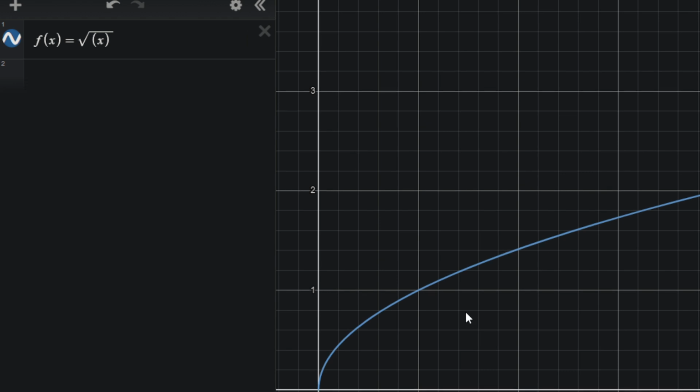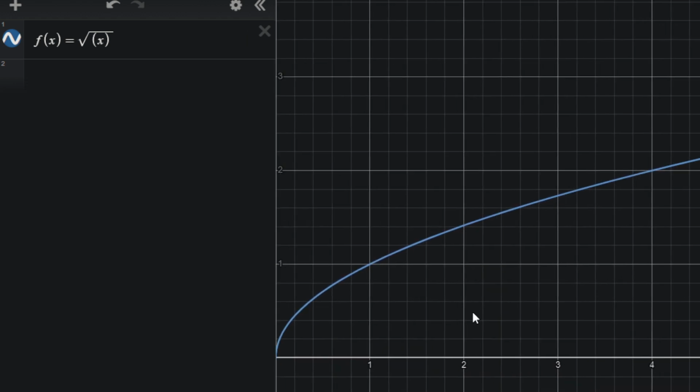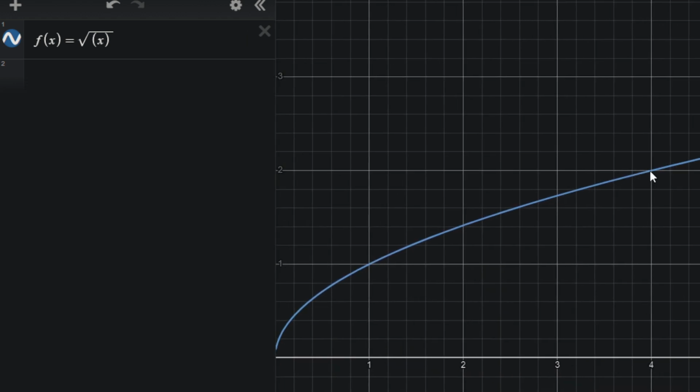So if we look at the graph of the square root of x at x equals 4, it doesn't matter at all what the output is. The output here is 2, of course, but that doesn't matter. We're looking at the slope here. So it looks not very steep. I would expect it to be less than 1, somewhere between 0 and 1 because it looks pretty flat.